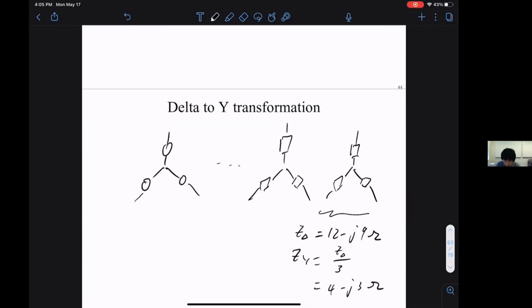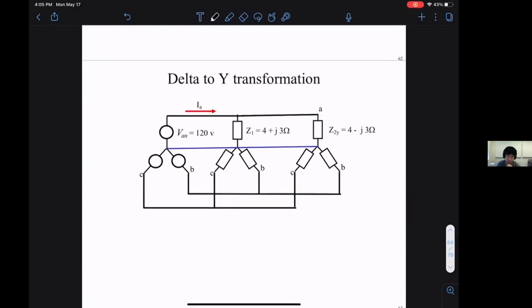All right. If I have two loads like this, are they connected in series or in parallel? Parallel. Important thing to remember is these are connected in parallel, not in series. So these are two different loads in parallel. Since they're connected in parallel, I have an equivalent impedance. I can compute Z1 equivalent with Z2Y.